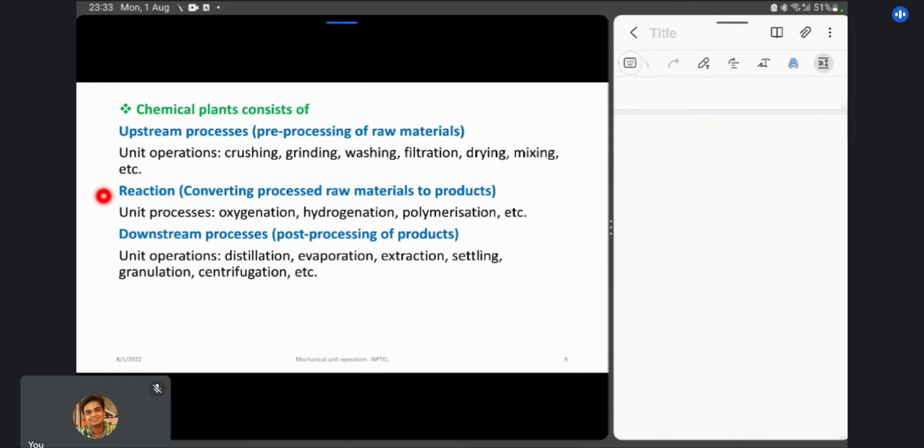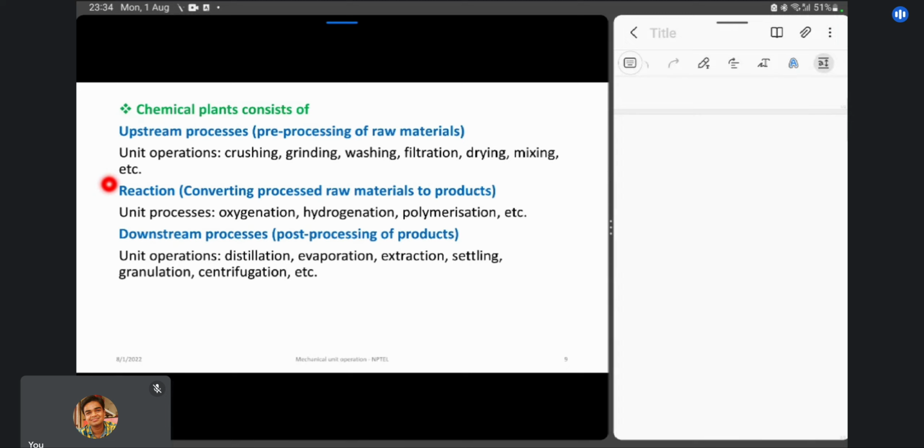Chemical engineering is not all about the reaction of any process. We need to take care of the upstream process also. Before raw material selection and after getting the raw material, we need to pre-process it. For pre-processing a raw material, we use operations like crushing, grinding, washing, filtration, drying, mixing, etc.